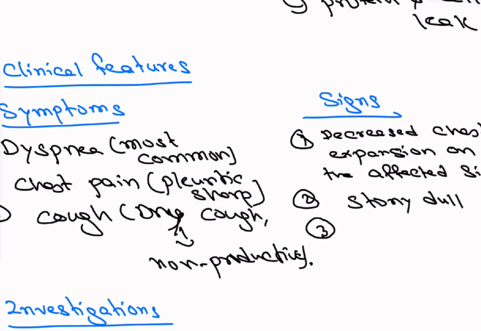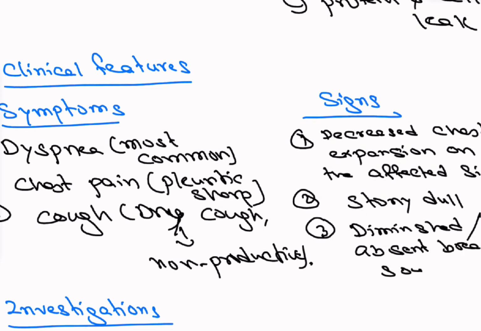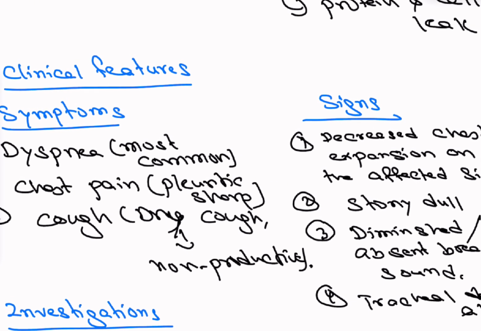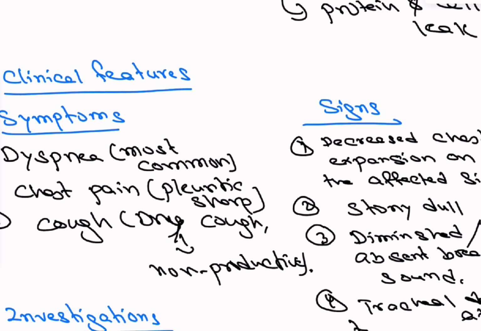On auscultation we will find diminished or absent breath sounds. Also, there will be tracheal deviation to the opposite side.